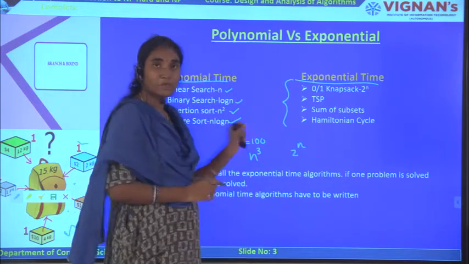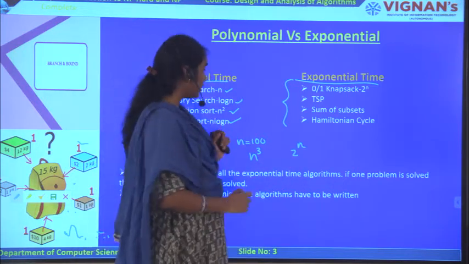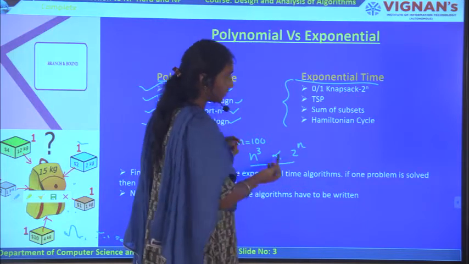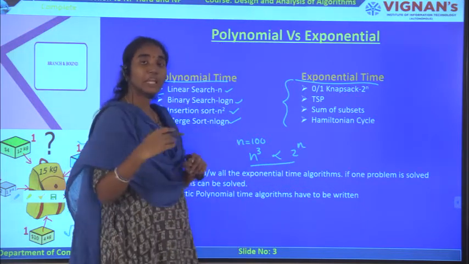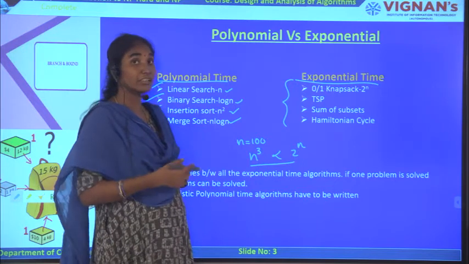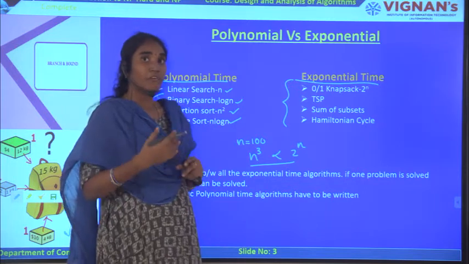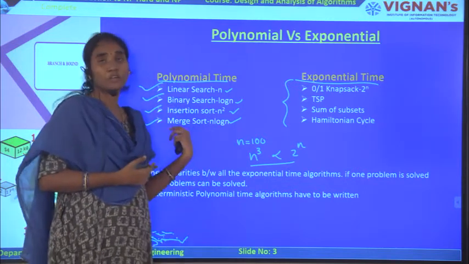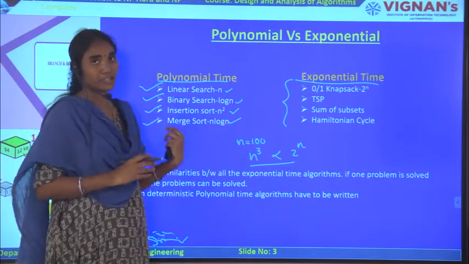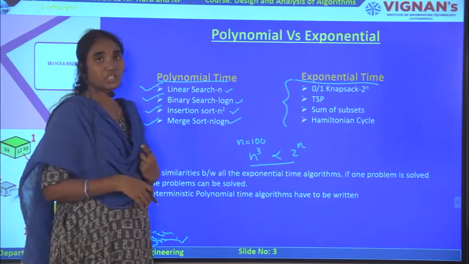Here n cube is much lesser than 2 power n. When n grows, the exponential time required is more, whereas polynomial takes less time.